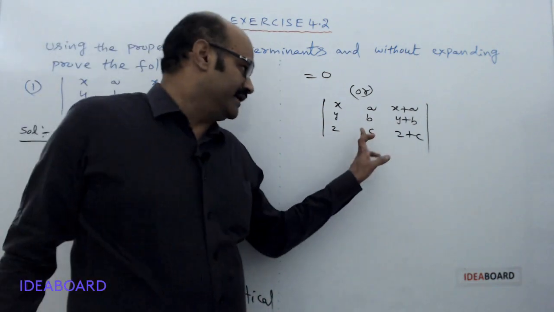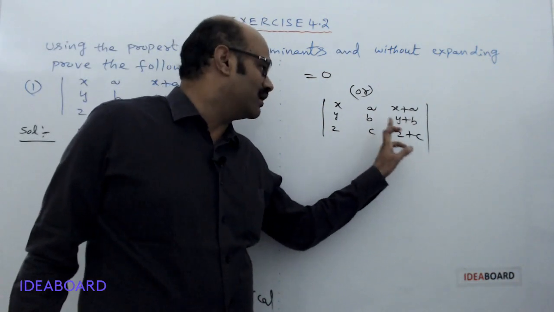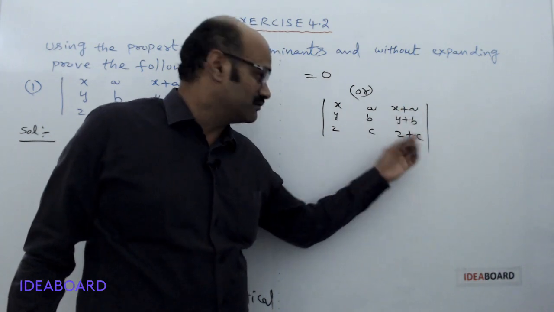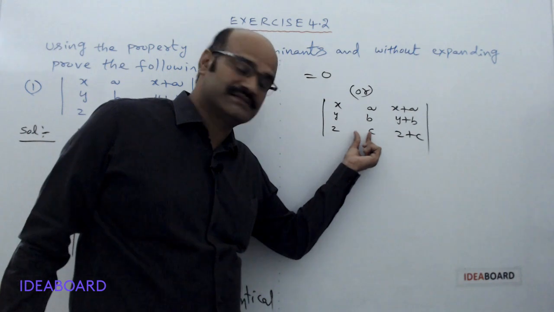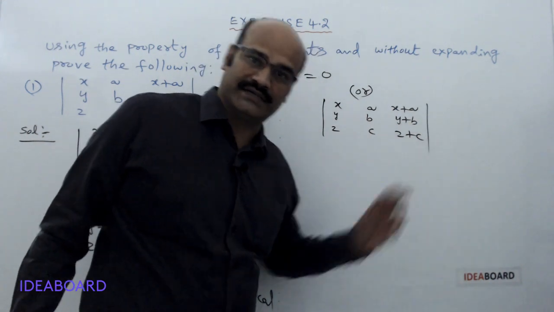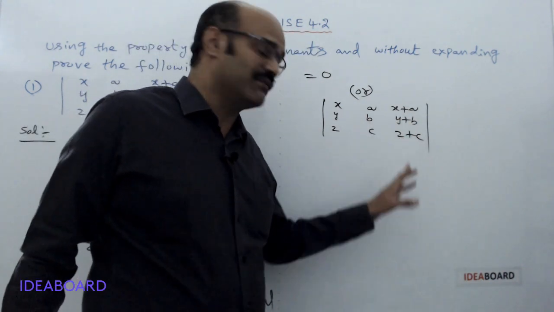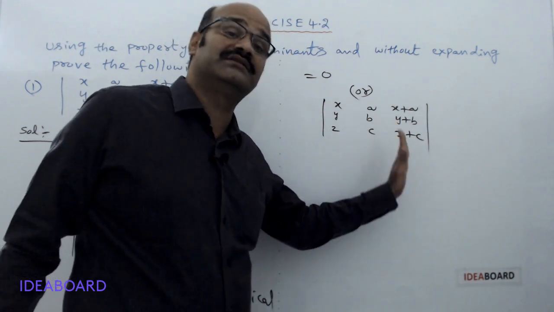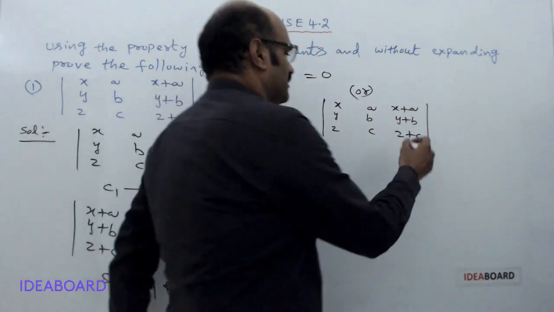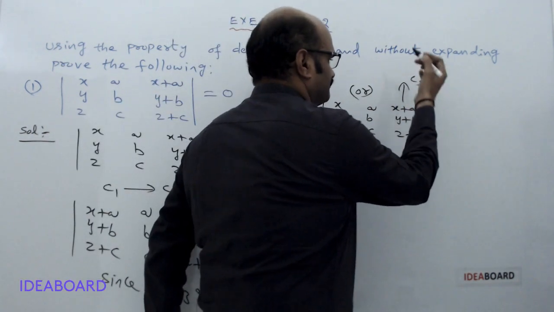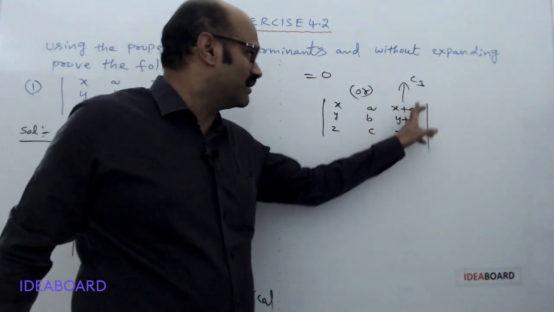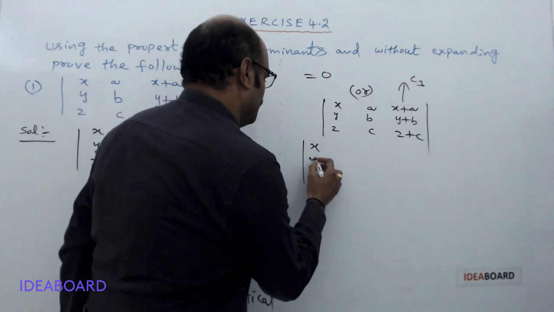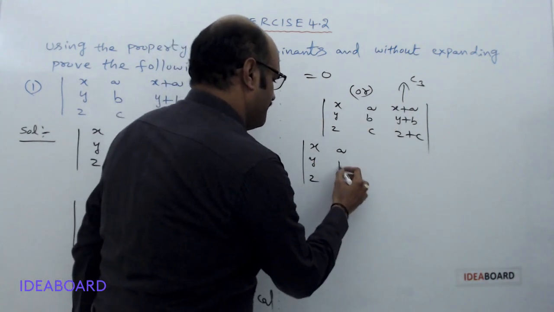We know that in any determinant, if any row or any column is the sum of two elements, then the determinant can be expressed as the sum of two determinants. Suppose column 3 is the sum of two elements; then this can be expressed as the sum of two determinants. Now here this is column 3. Column 3 is the sum of two elements. So this can be taken as x, y, z, a, b, c.